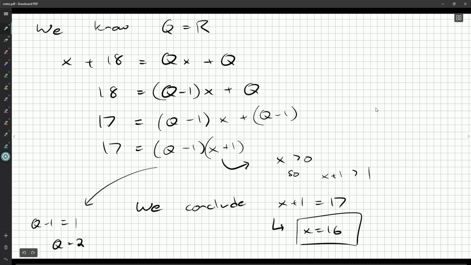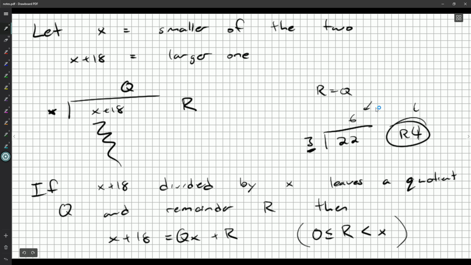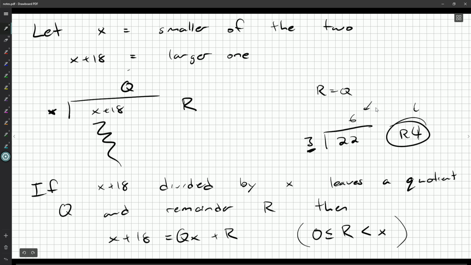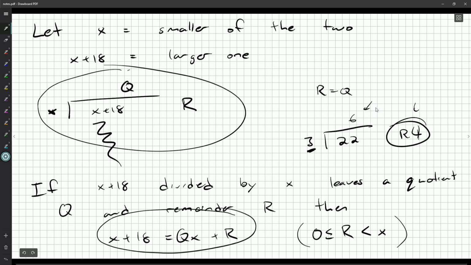Right? We managed to show it because 17 is prime. If we'd gotten something like 12, we would have had a lot more factors, a lot more cases to work with. Okay? So, just to briefly recap this, the reason I approached this is division's kind of hard to work with, but you can always rearrange a division statement into a nice statement with multiplication and adding on the remainder.